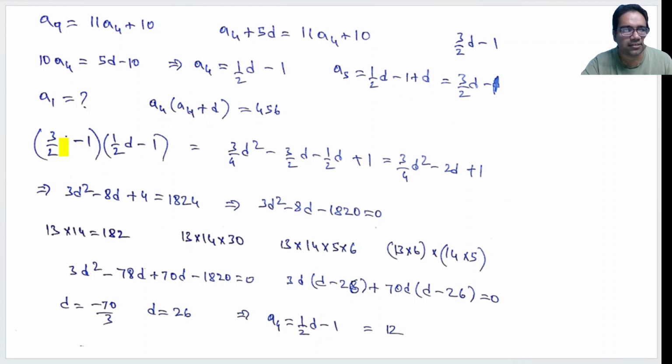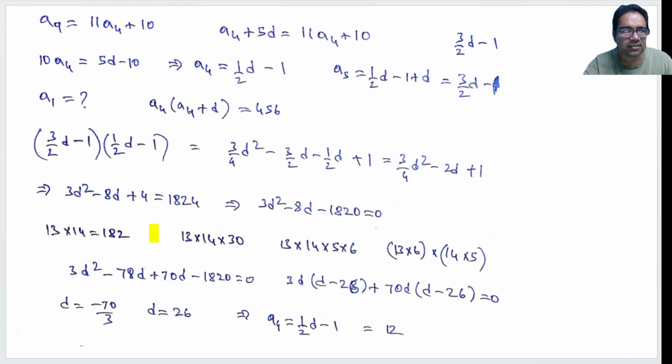Let us just expand this. 3 by 2 D into half D is 3 by 4 D square, minus 3 by 2 D minus half D plus 1. This becomes 3 by 4 D square minus 2D plus 1. That becomes 3D square minus 8D plus 4 equals 456 times 4, which is 1824. This becomes 3D square minus 8D minus 1820 equals 0.